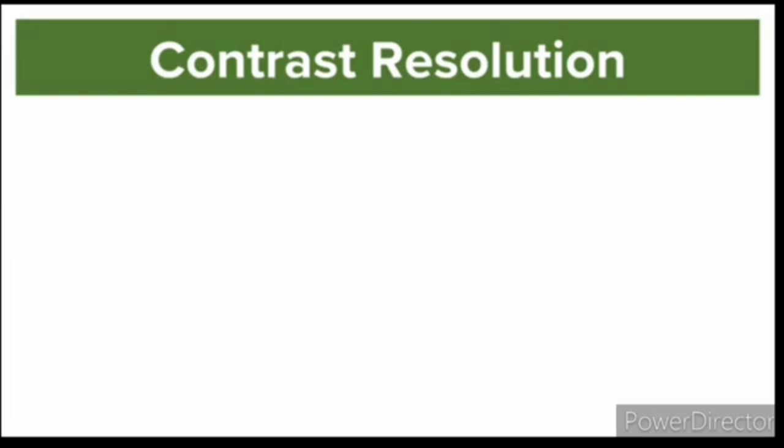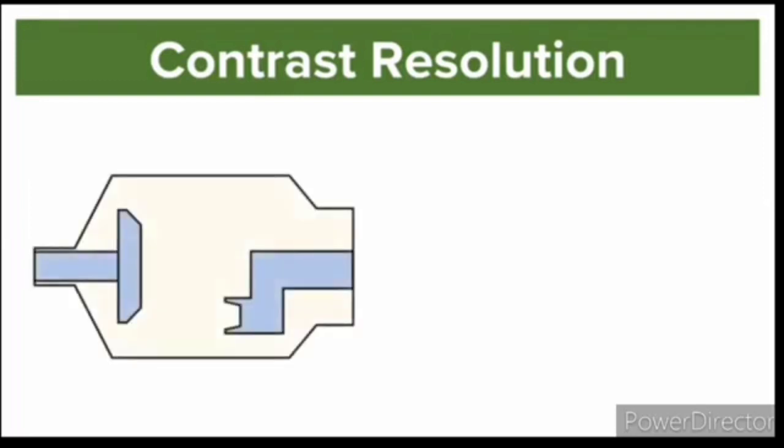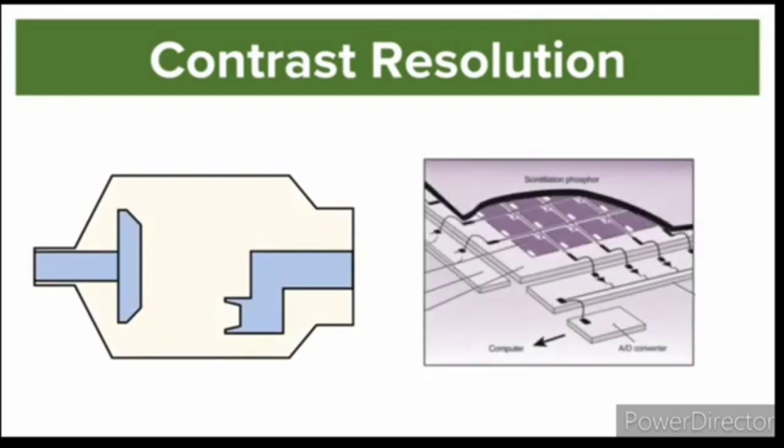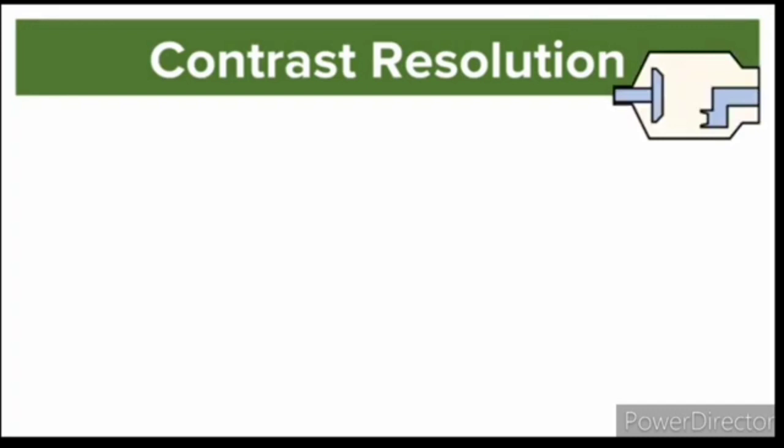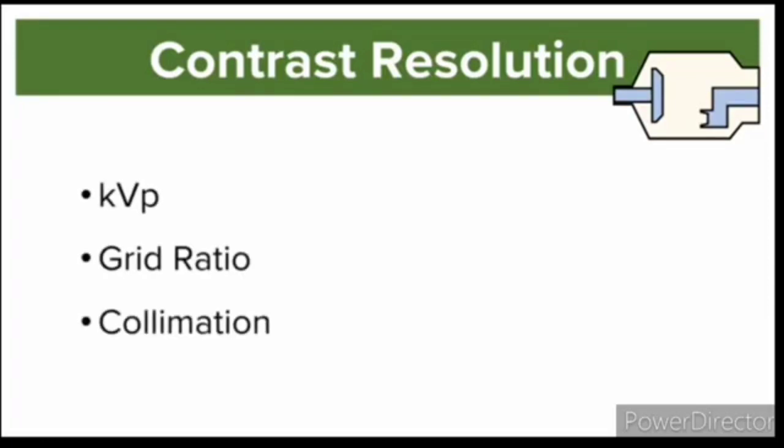Contrast resolution is also affected by factors that happen before X-rays hit the image receptor and factors that happen after X-rays hit the image receptor. Factors that happen before X-rays hit the image receptor that affect contrast resolution are KVP, grid ratios, and collimation.